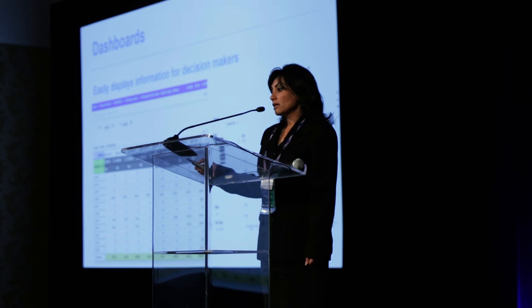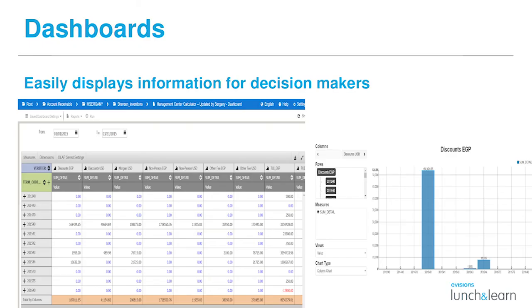This is another example of the dashboards that we have. It was displaying, for decision making, the amounts according to each and every detail account on Banner based on the term. It's also kind of an OLAP display in the system.